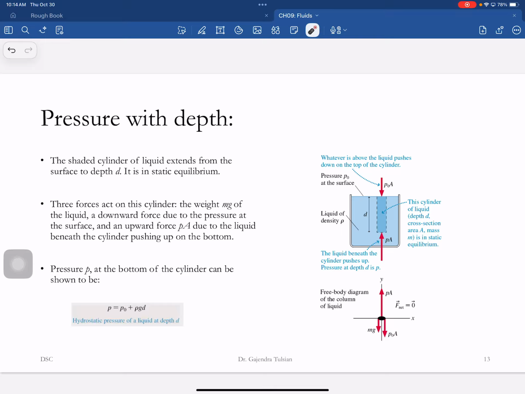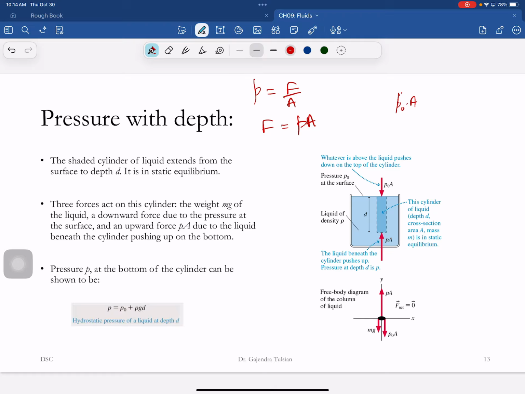So again, pressure is force over area. So the force is pressure times area. Okay. Now, atmospheric pressure is denoted by P naught. And so the downward force you're having to support is P naught times area.